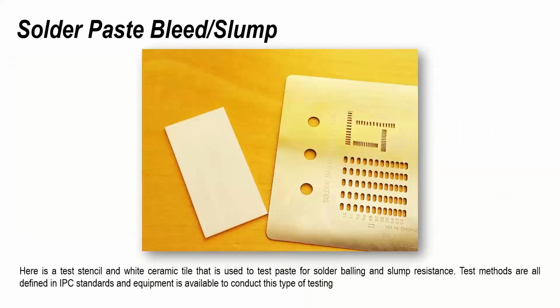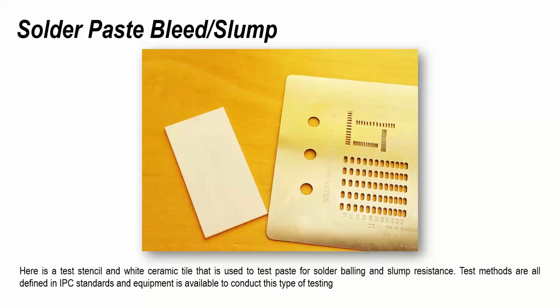So one of the things you can do to evaluate slumping and in fact bleeding of paste is to use a test stencil. And a test stencil, quite often available from paste manufacturers, but certainly the design is included in IPC and other standards. And this is a test stencil that you might use on a ceramic plate.